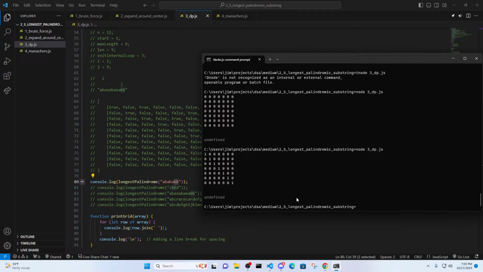On the row before the last row. This one here. On the last, previous to the last column. This is going to start from that.